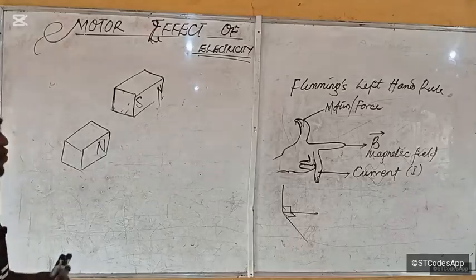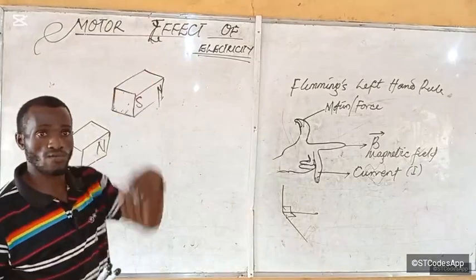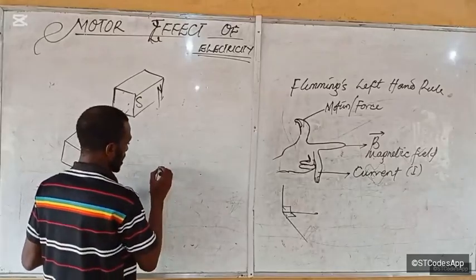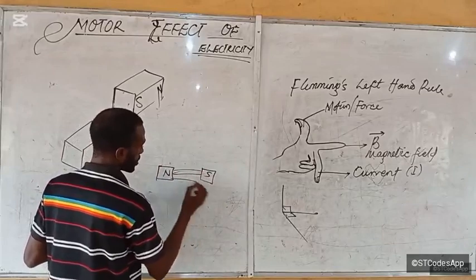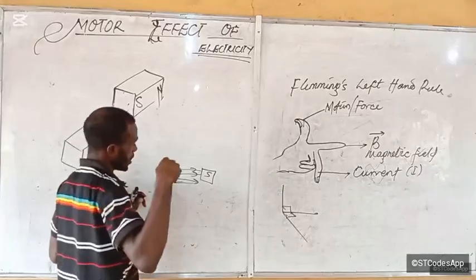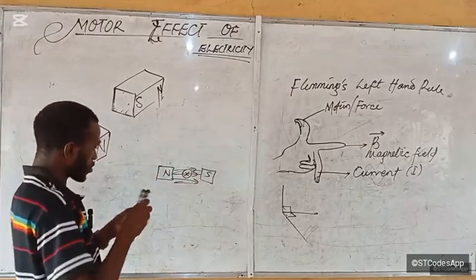And you can test yourself with so many questions on the direction of the wire and all of that. For example, if I have a magnetic field flowing from north to south here, like this, and my current is flowing into the board, so my wire is entering into the board like this.